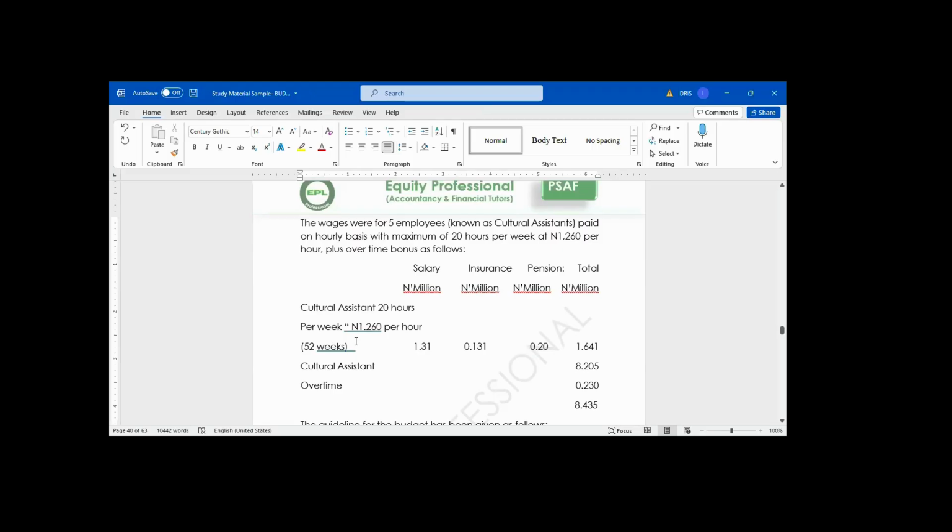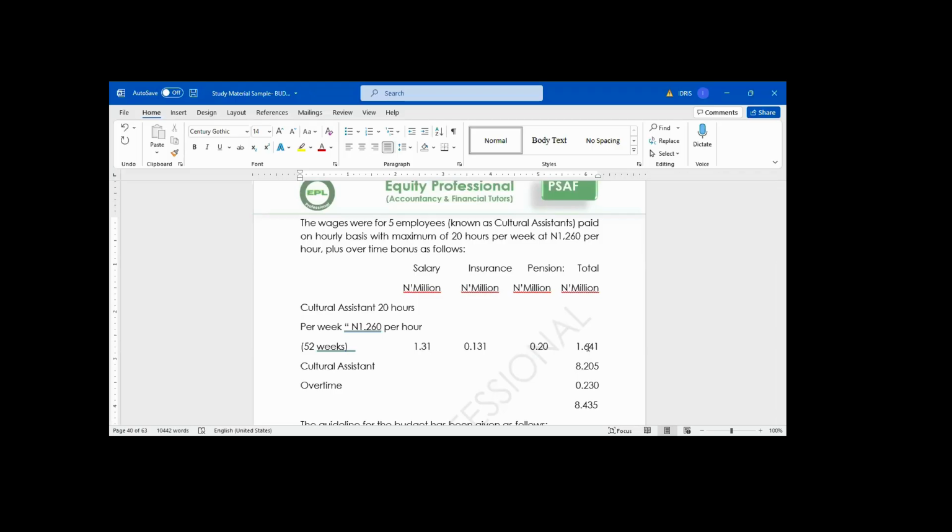They said that under the wages they have 3 items: salary first, insurance, and pension. They now get the total.